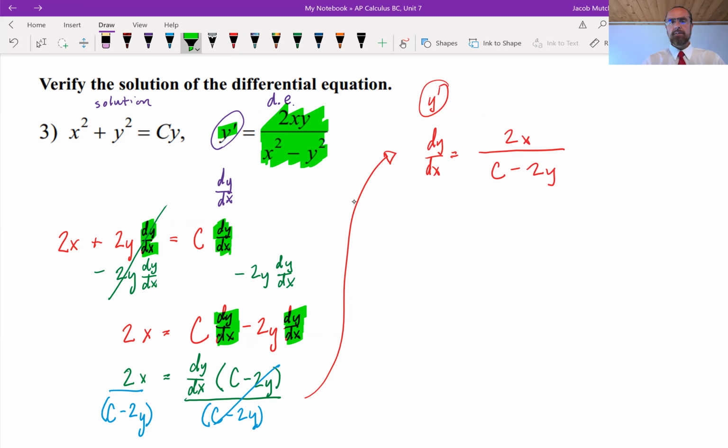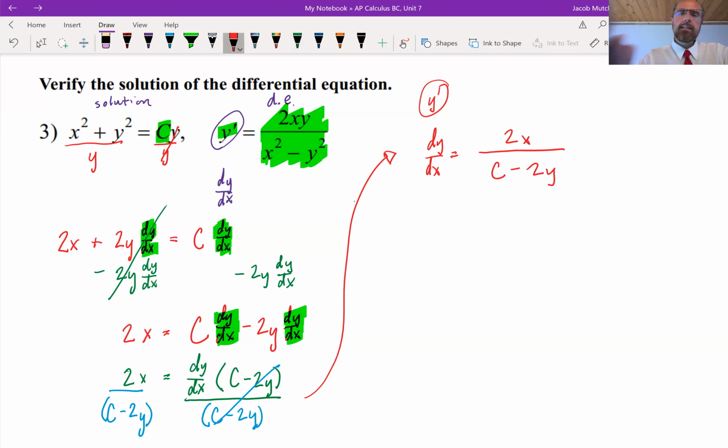I see that I don't have a C value in the differential equation on the right side. So to find what C is, I'm going to go back to the original solution where I've got C as a term, and all I need to do is solve for C on that original by dividing by y. And so my expression that I'm going to plug in for C is this left side, x squared plus y squared divided by y.